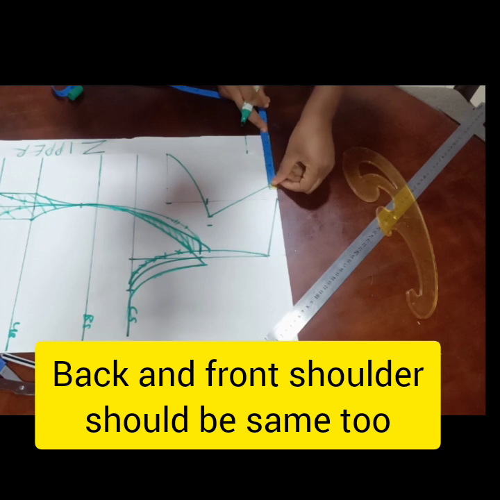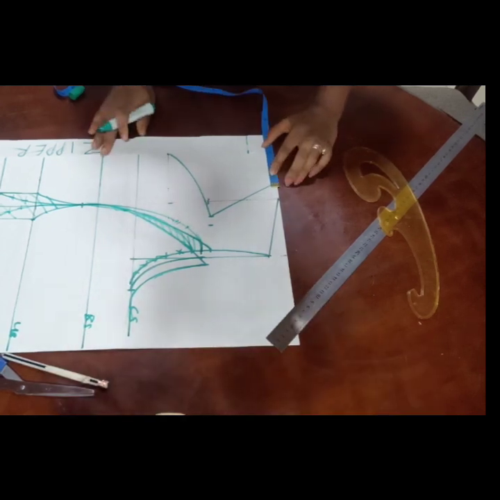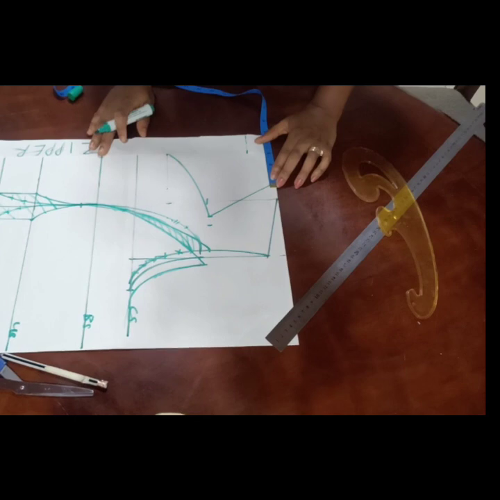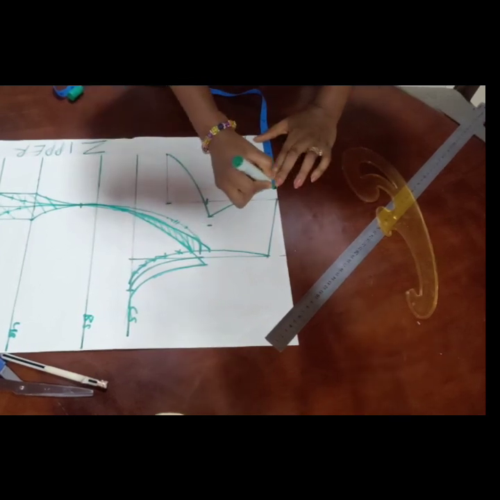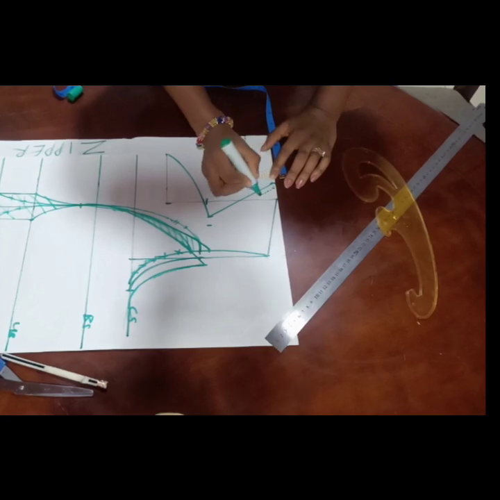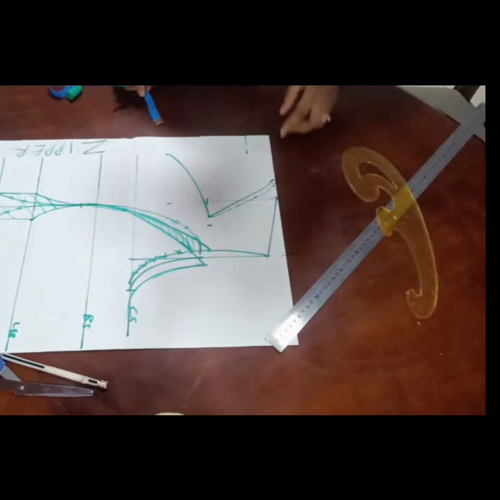That is 2.5. So it depends on what you want. You can decide to make your own 3 inches. It's still okay. If it's 3 inches, that means it will be here, and then from here. So whichever one you prefer.